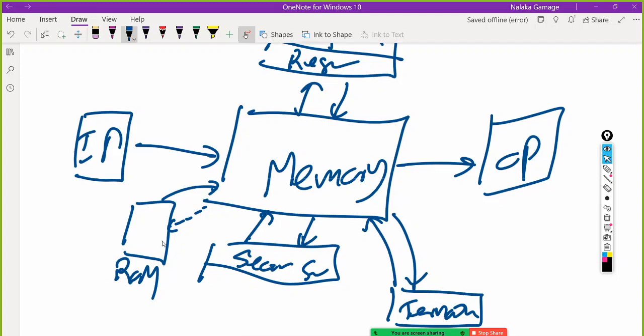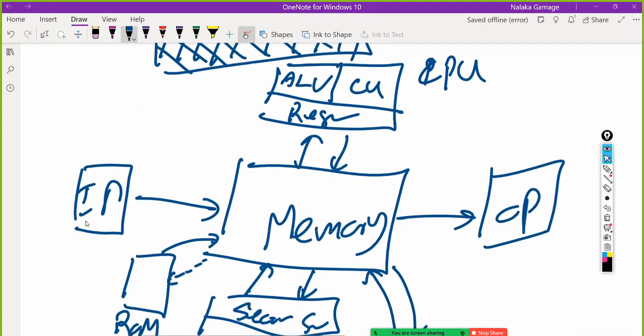Okay. So what is the purpose of input devices? To input data. Yes, input data. What is the purpose of output devices? To receive the data. Are you sure?